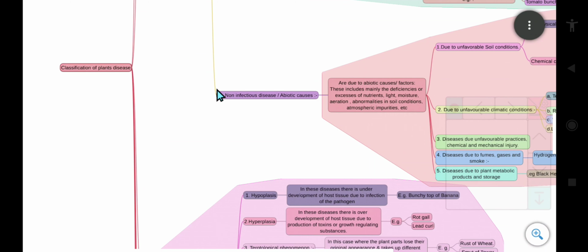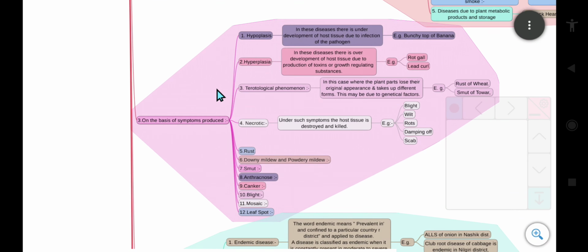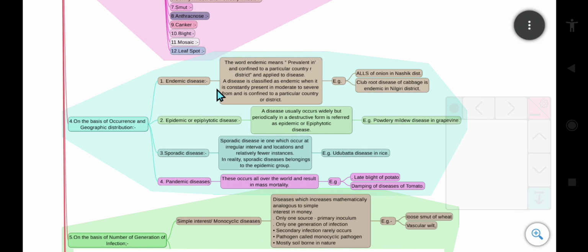The classification of plant diseases on the basis of occurrence and geographic distribution. It is divided into four main types. The first one is endemic diseases. The word endemic means prevalent in and confined to a particular country or district, and is applied to a disease.